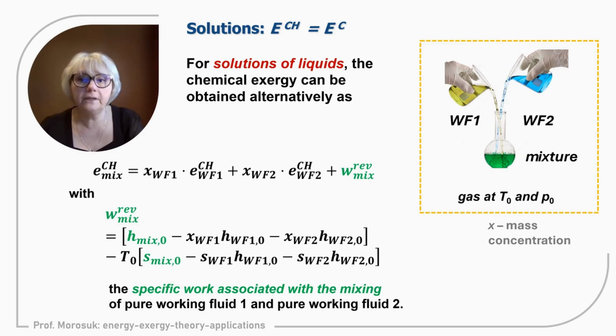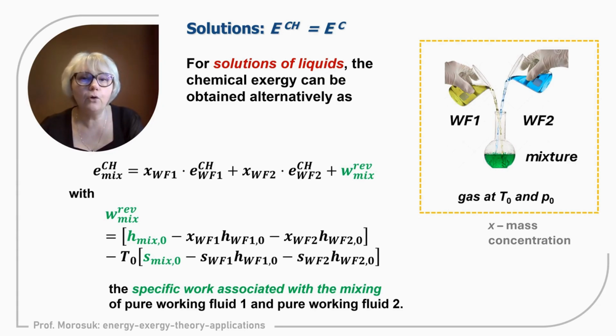In this alternative method, we should assume that the mixture that will be formed is a homogeneous mixture of two liquids, under the temperature and pressure of the environment, and then the exergy of the mixture will be the mass concentration of the corresponding working fluids times the standard chemical exergy calculated for these working fluids, which we already discussed in the first part of chemical exergy, so we can use these values from the table, plus the work of the reversible mixing process.